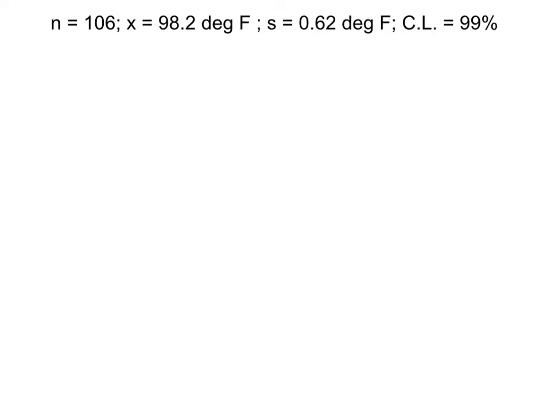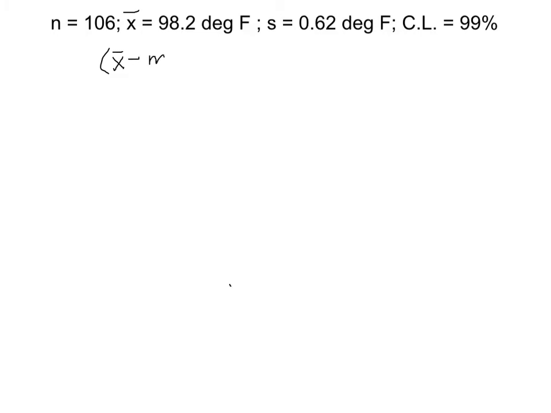So our 99% confidence interval for the mean is going to be, actually this up here has to be x bar, doesn't it? That's x bar. So our 99% confidence interval would start with our point estimate of x bar.